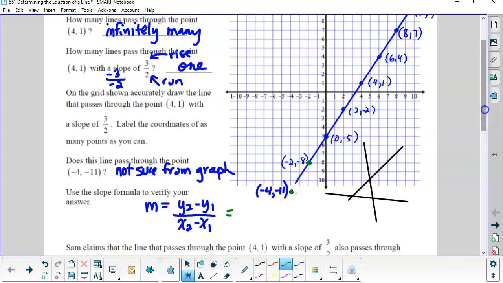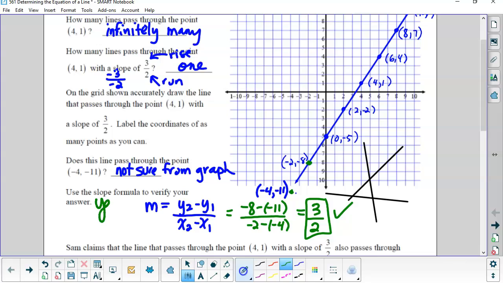So I'm going to go y2 minus y1 over x2 minus x1. And I want to make sure I get the slope of 3 over 2. So now, if I do that, I get 3 over 2. Sure does. Okay, so yes.